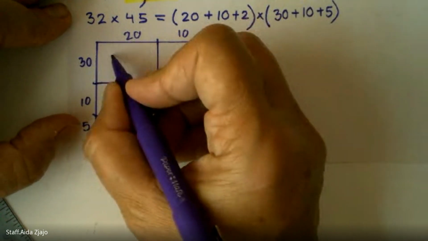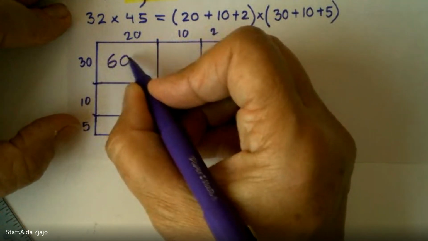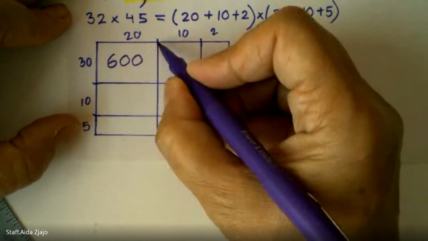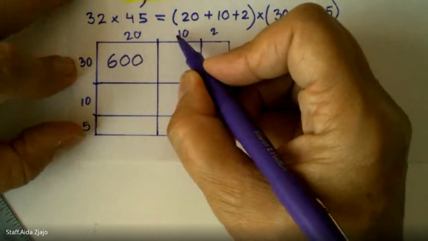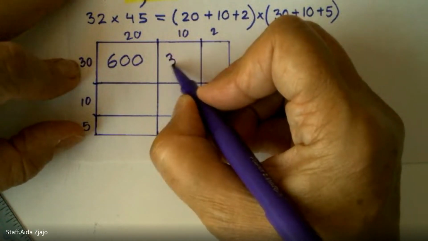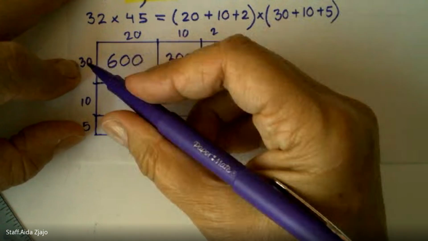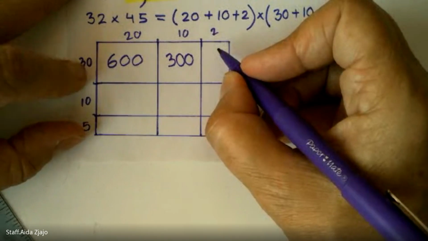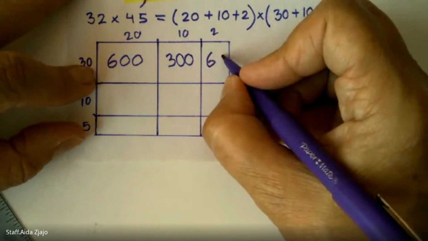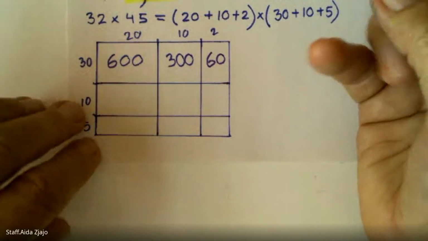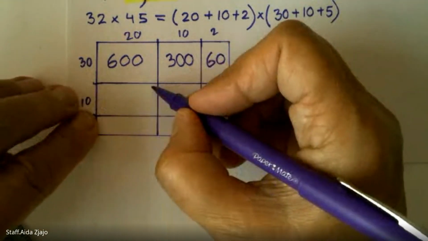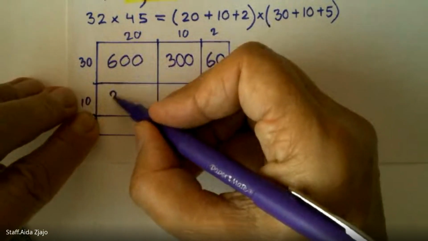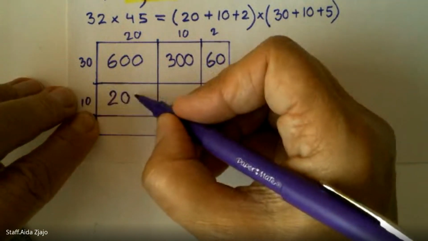3 times 2 is 6, and add 2 zeros. This is 30 times 10, so 3 times 1 is 3, add 2 zeros. So now 30 times 2, 3 times 2 is 6, add a 0 there. Okay, next 10 times 20, 1 times 2 is 2, add 2 zeros.